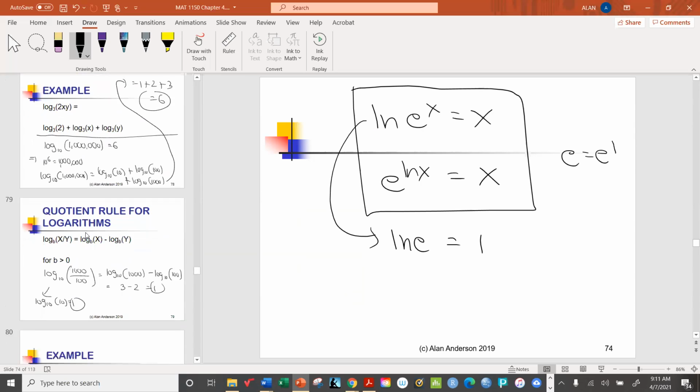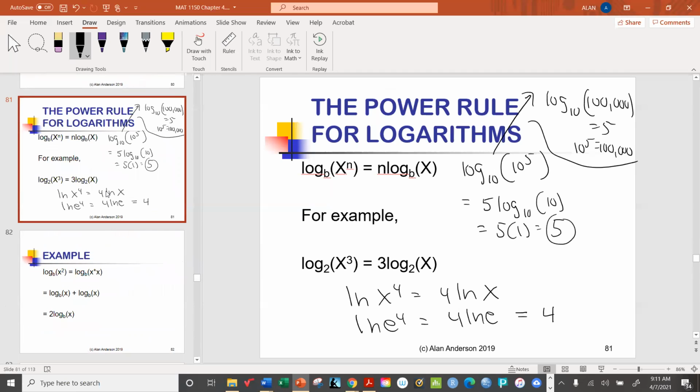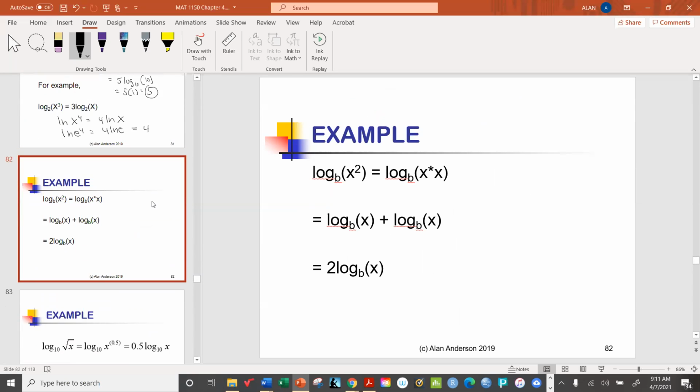All right, so let's get back to this. So the so-called quotient rule. Let's see, what else do we have here? Oh, here's a good one. By the way, here's where we're trying to kind of demonstrate why this is happening, because now we know from the rule, but here's the reason why, because x squared is just x times x.